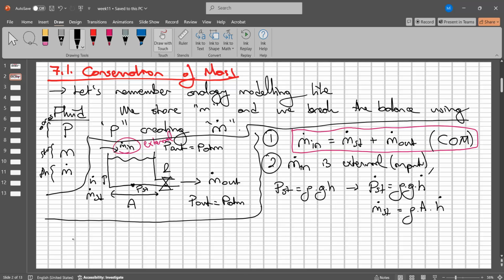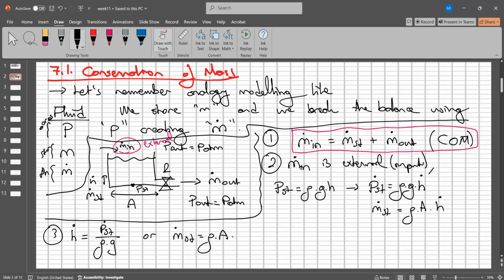Just see, in the third we have PST dot is equal to rho times G times H dot, and so H dot is equal to what? PST dot divided by rho times G, right? Or MST dot can be written like rho A H dot, right?